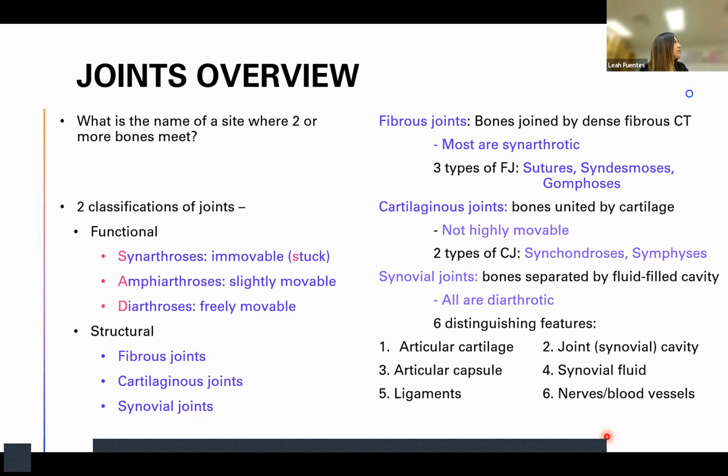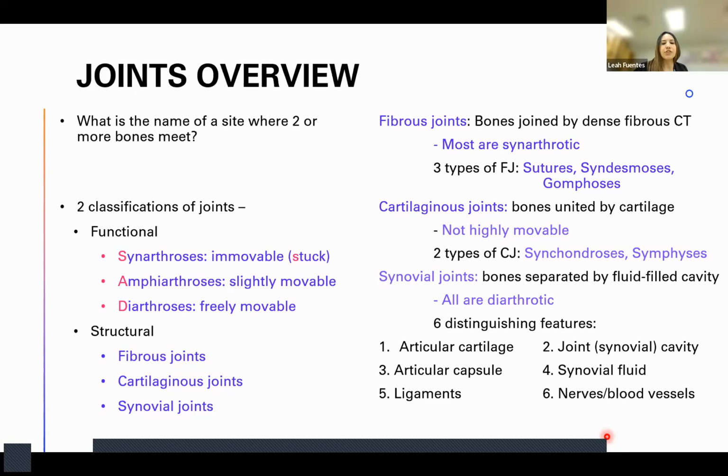Okay, and then lastly, for structural, we have synovial joints. These are bones separated by a fluid-filled cavity, and all of these are diarthrotic, which means freely movable. And then these have 6 distinguishing features. So we have articular cartilage, the joint cavity, articular capsule, synovial fluid, ligaments, and then nerves and blood vessels.